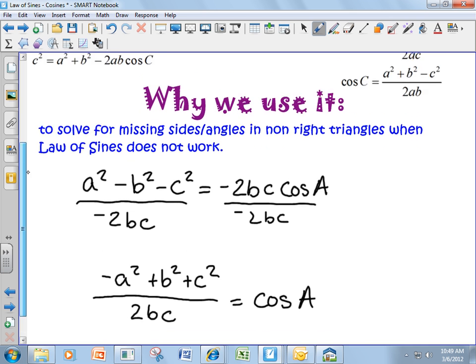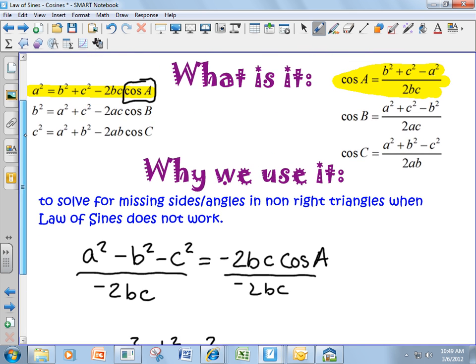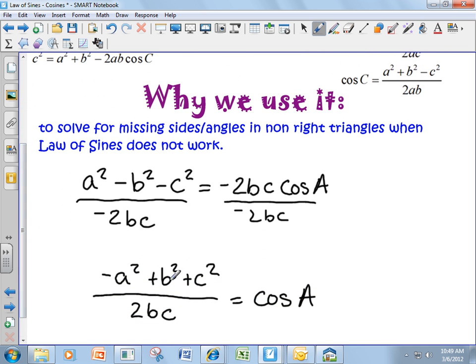The only thing different in the way the formula was written up here is the b squared and c squared come before the minus a squared. So that's really easy to just interchange. And then in order to figure out what angle A is, you're going to have to do the inverse cosine of whatever this fraction, whatever this decimal ends up being.